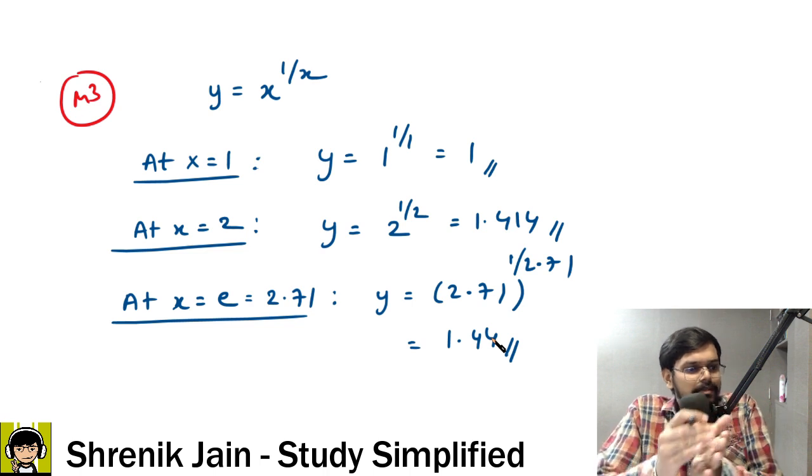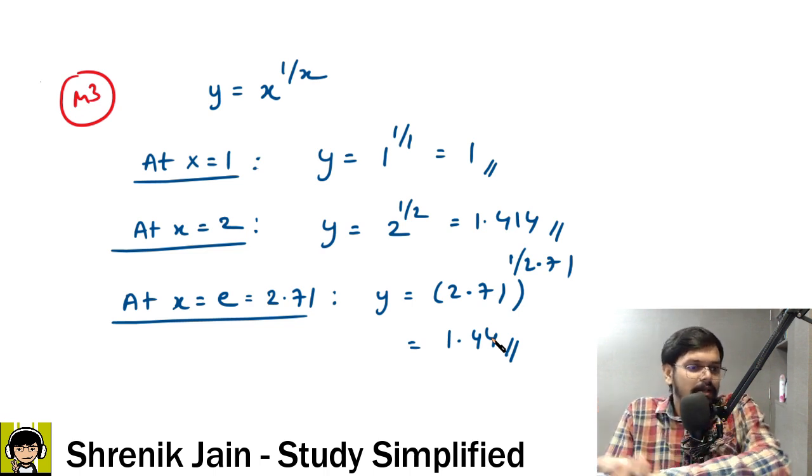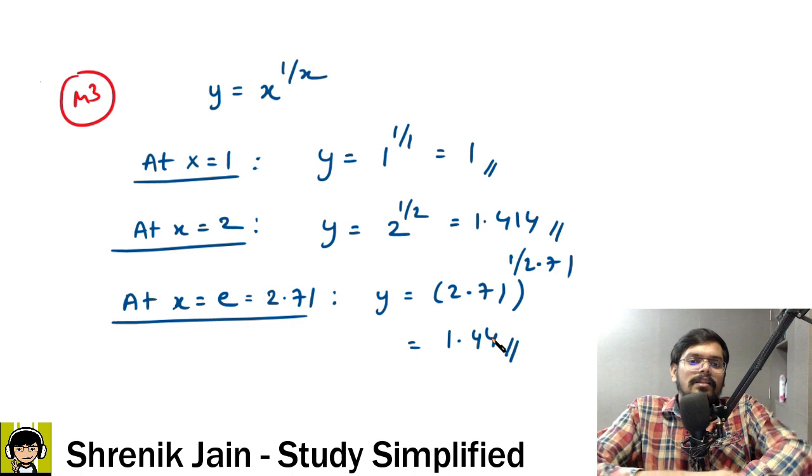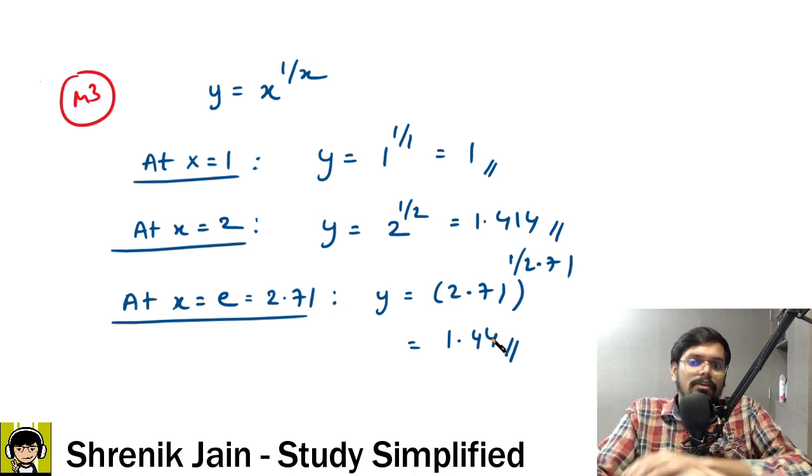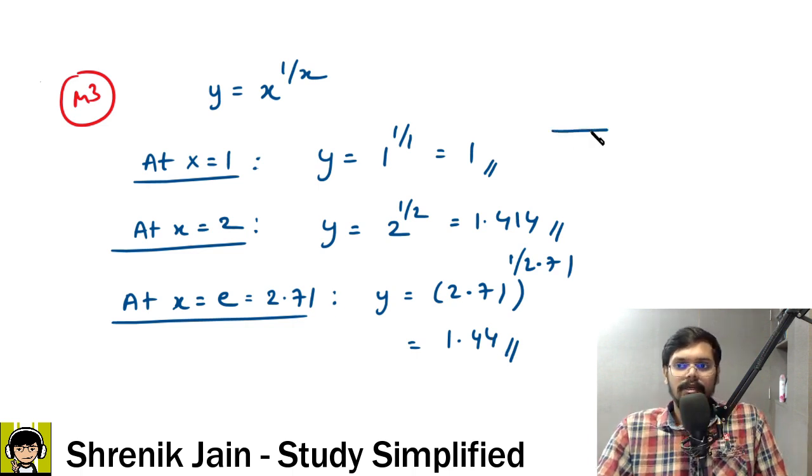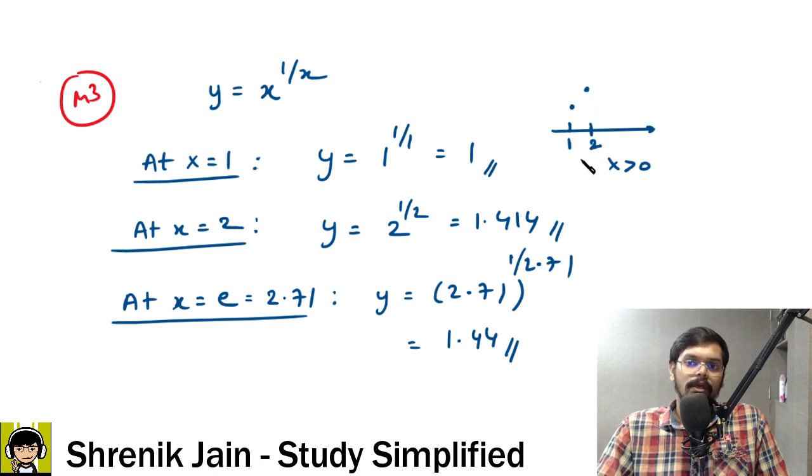If my value keeps on increasing, can I say there is no doubt of a minimum, there is only a maximum? Because check it out, they were asking for x greater than 0. We checked for x is 1, we got 1. Then we checked for x is 2, we got 1.41, right?